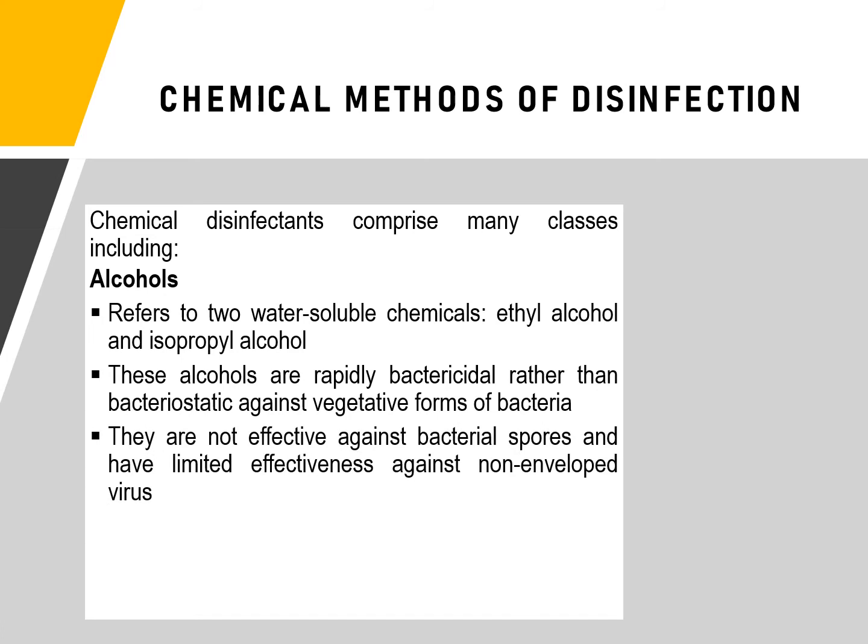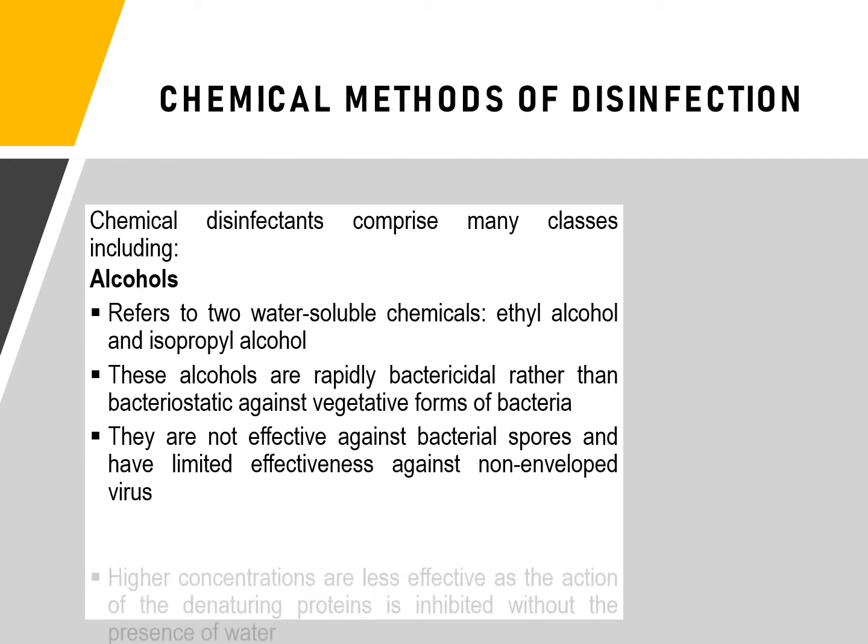Alcohols are not effective against bacterial spores and they have limited effectiveness against non-enveloped viruses. Their antimicrobial activity can be attributed to their ability to denature proteins. So even if alcohols are considered bactericidal, their activity against other microorganisms is limited, especially those that produce spores. Alcohol cannot easily kill these microorganisms.